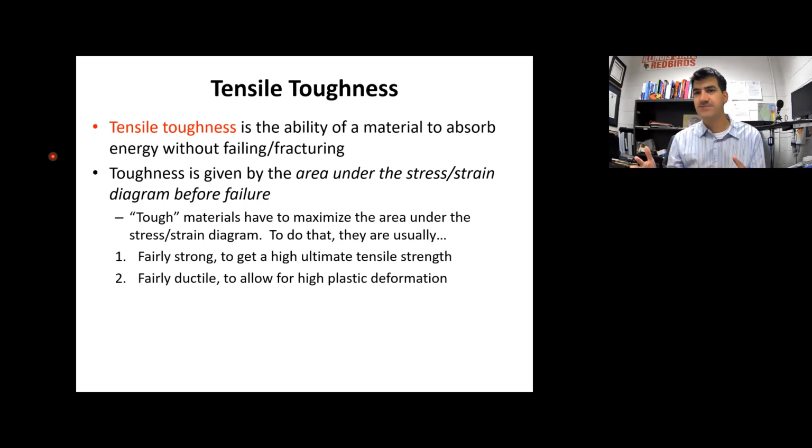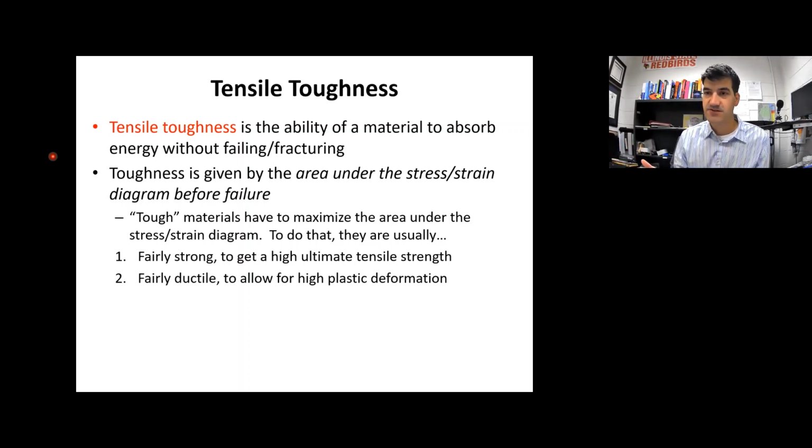And if you're trying to maximize the area under the stress-strain curve, then you want to have both the vertical and the horizontal dimensions be pretty large. So if you want to maximize the vertical dimension, then your material needs to be at least fairly strong. And if you want to maximize the horizontal dimension, then your material needs to be at least fairly ductile.